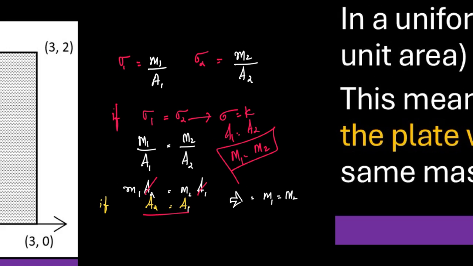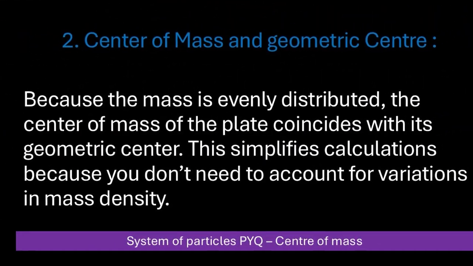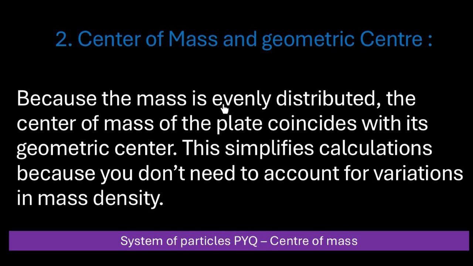Okay, right. Now, because the mass is evenly distributed, the center of mass of the plate coincides with its geometric center. Now, when we say geometric center, this applies only to regular figures. So most of the questions that we see here will be focused on regular figures. This simplifies calculations because you don't need to account for variations in mass density.